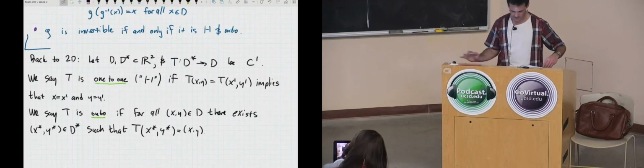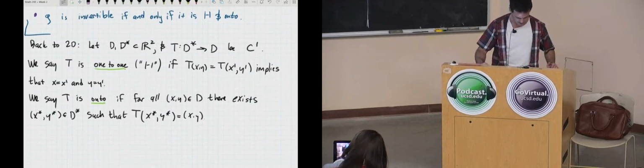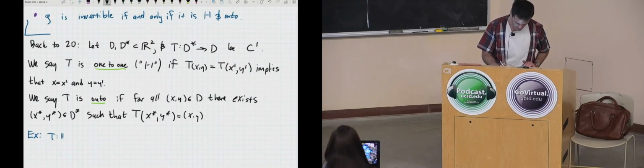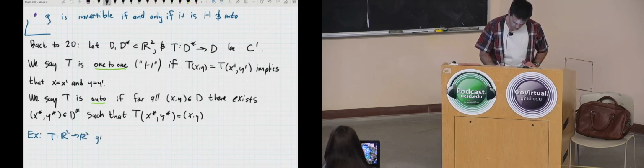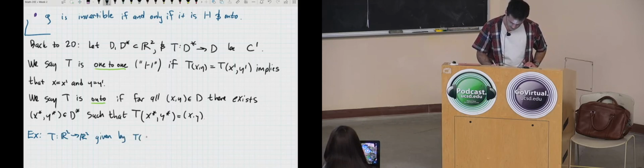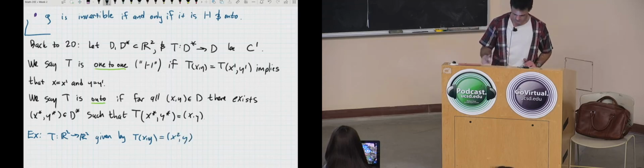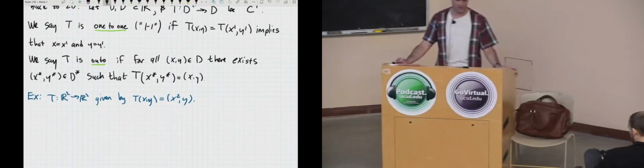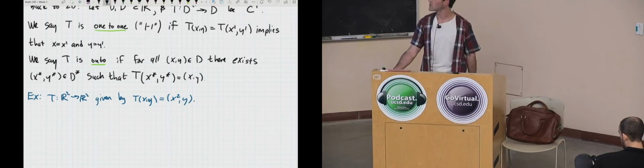All right, so every single point gets hit. Let's see an example. How about if T goes from R2 to R2 and is given by T of x, y equals x squared y? Let's discuss whether it's onto or one-to-one.